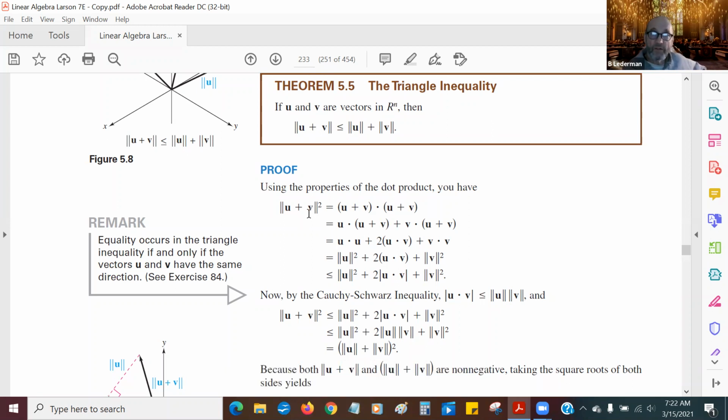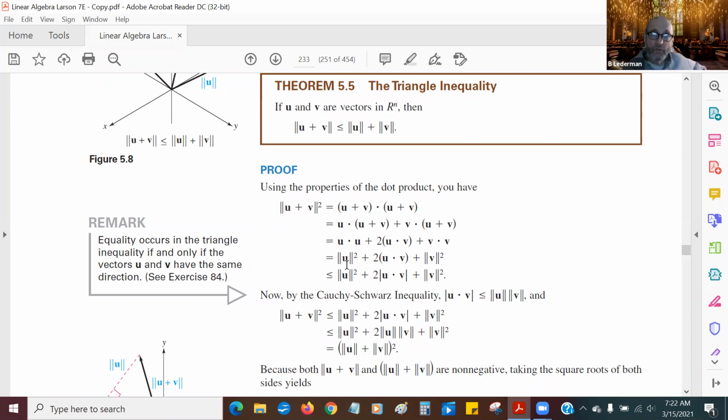If I square the magnitude, that winds up being (u plus v) dot (u plus v). That's one of our properties. And now I can distribute this out, and I get u dot u plus 2 u dot v plus v dot v, which is the magnitude of u squared plus 2 u dot v plus the magnitude of v squared.